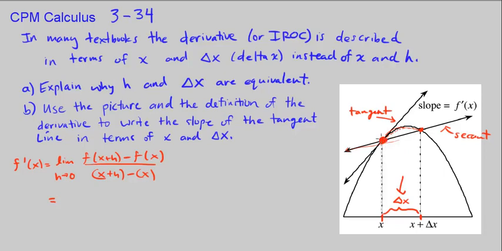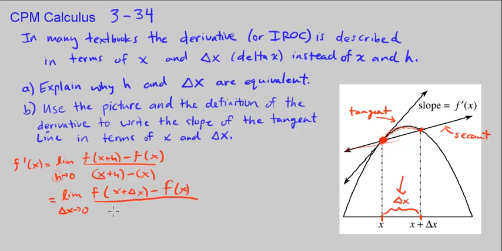As delta x approaches 0, we're getting closer to this 1 point. Our difference becomes closer and closer until we can create the tangent line based off 1 point instead of 2 different points. So now we want the limit as delta x goes to 0. This difference is just our h before. Instead of f of x plus h, we want the function at x plus delta x, and we still subtract the function at x.